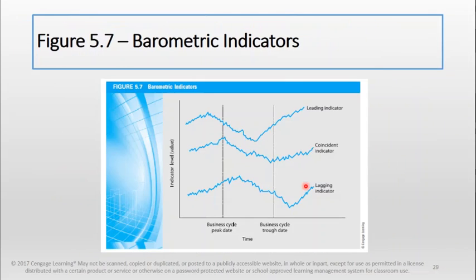So, you have your leading, coincident, and the lagging indicator. As you can see here, this is the business cycle's peak date. This is the business cycle's trough date. When you say leading indicator, it hasn't reached yet the business cycle's supposed peak date. It peaks before the usual business cycle's peak date, so it is already leading.